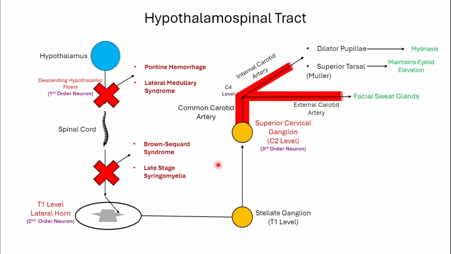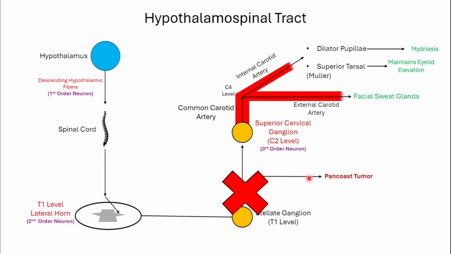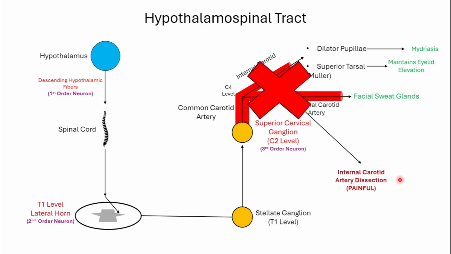An example is the Pancoast tumor, which is a lung cancer that occurs at the apex of the lungs and can compress the stellate ganglion. And finally, a third-order neuron lesion can occur anywhere from the superior cervical ganglion to the tract termination. An example is a carotid dissection, which is painful and can compress the hypothalamospinal tract, causing Horner syndrome.